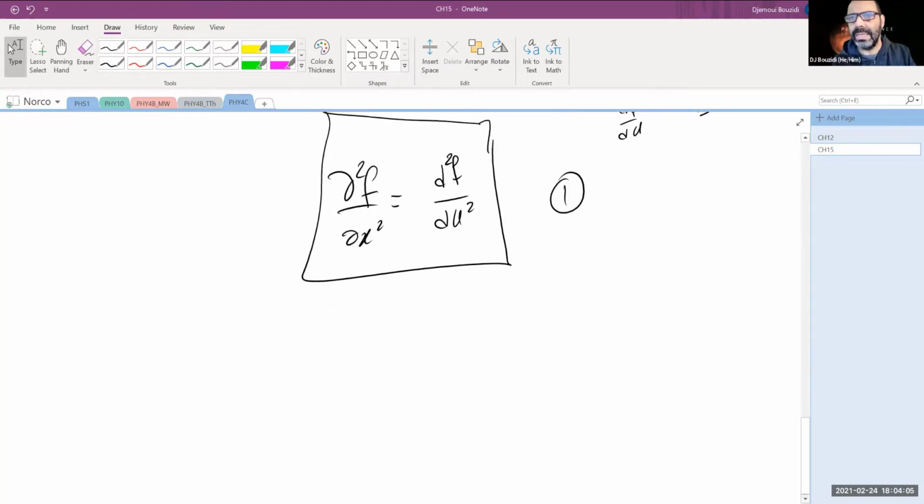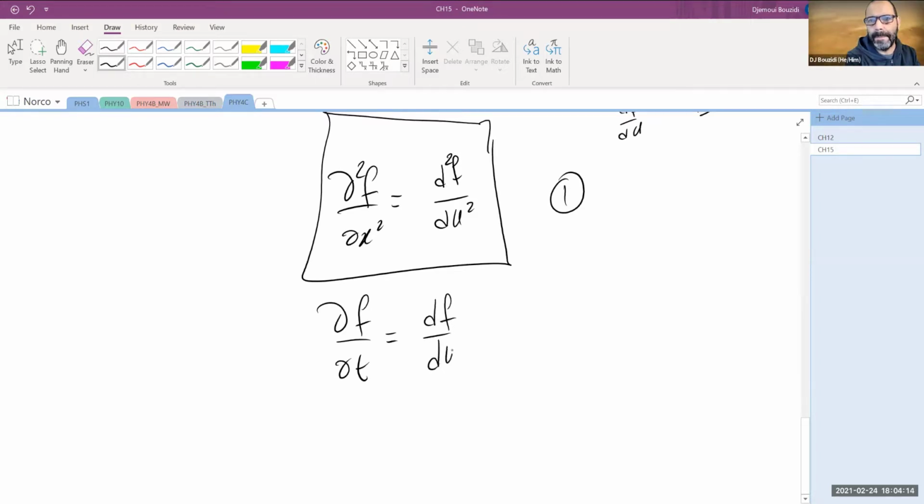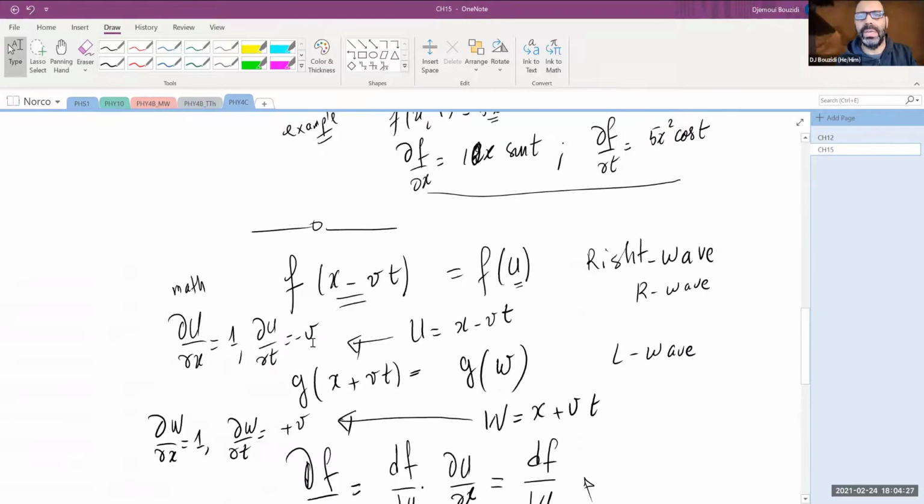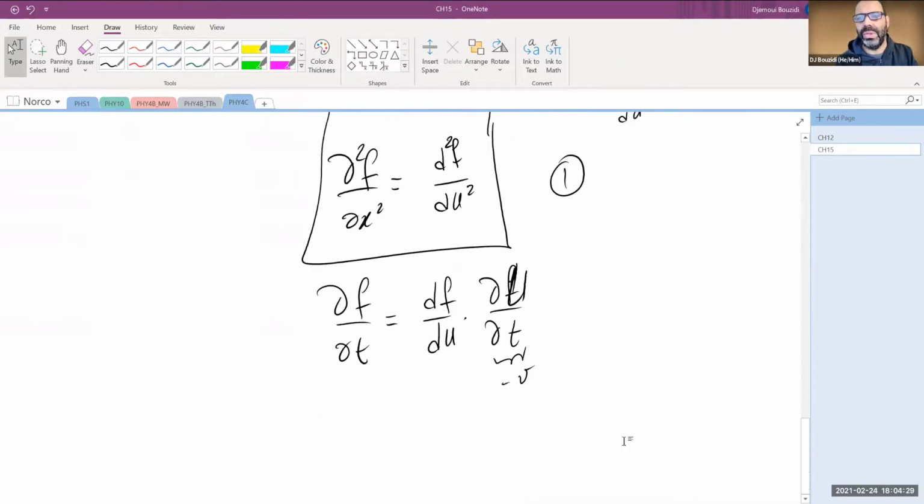The derivative of f with respect to t is the derivative of f with respect to u times the derivative of u, I'm applying the chain rule again, with respect to t. This is equal to minus v, the derivative of f with respect to u.